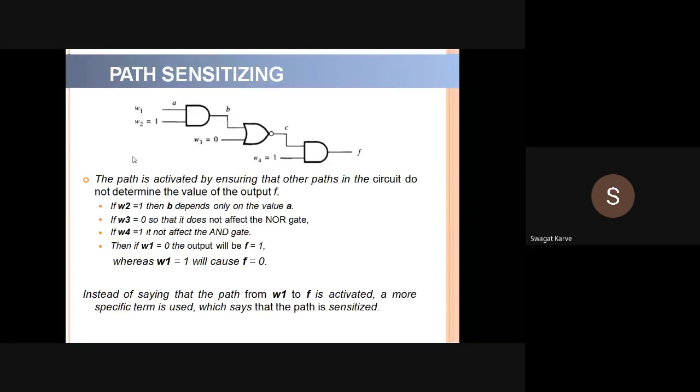That method is known as path sensitizing. So this is the advantage of the path sensitizing method.